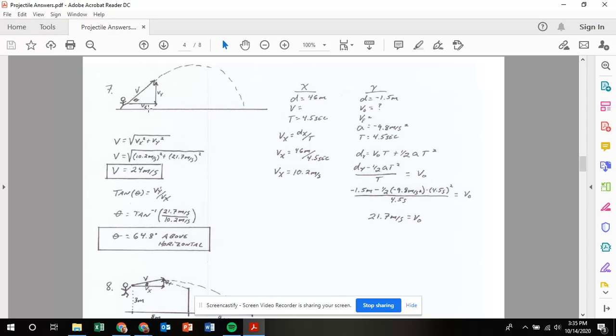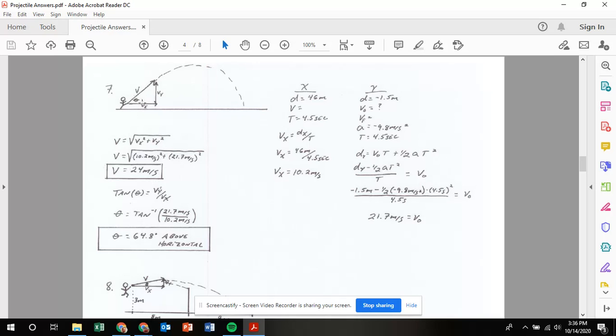Since I have the adjacent side and the opposite side, I can do the Pythagorean Theorem, which I did right here, where the hypotenuse equals the square root of both legs squared once they're added together. So Vx is 10.2 squared plus V naught in the y direction, 21.7 squared. Add them together and take the square root. And we find that the kick has to give the ball a velocity of 24 meters per second.